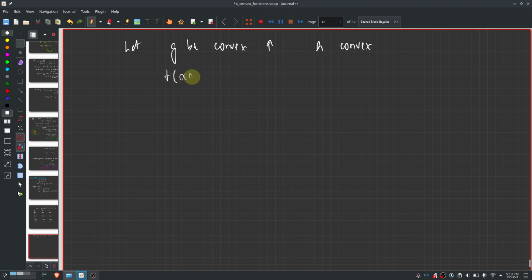So let's look at f of alpha x1 plus 1 minus alpha x2. This is just g of h of alpha x1 plus 1 minus alpha x2. Now we know that h is convex. So h of alpha x1 plus 1 minus alpha x2 is less than or equal to alpha h of x1 plus 1 minus alpha h of x2. But we know that g is monotonically increasing.